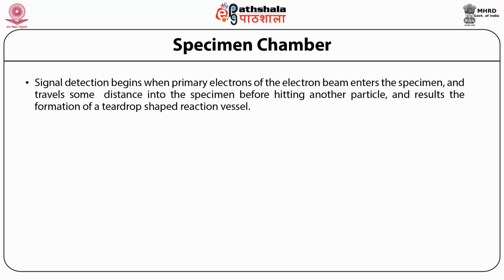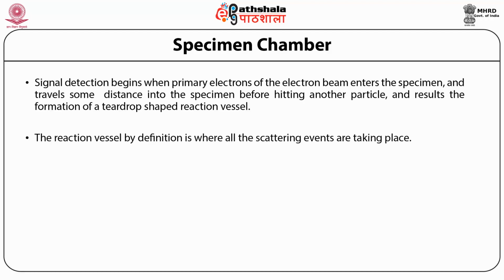Signal detection begins when primary electrons of the electron beam enter the specimen and travel some distance into the specimen before hitting another particle, which results in the formation of a teardrop-shaped reaction vessel, as shown in figure 5. The reaction vessel, by definition, is where all the scattering events take place.